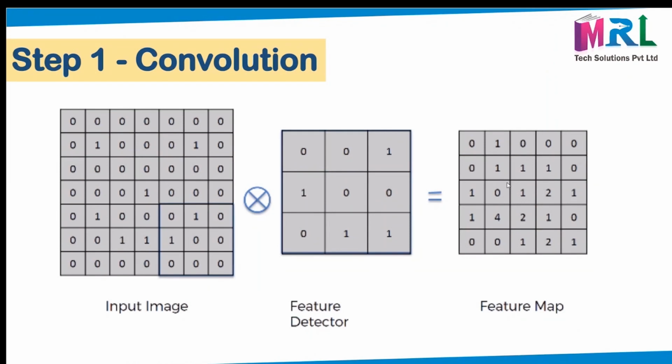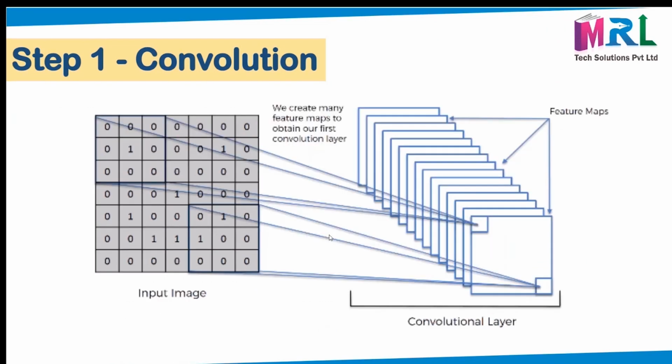So your input image has been multiplied with the feature detector, and then you will have the feature map. If you see the last part here, you will have lots of feature detections. You may ask how these feature maps are coming.